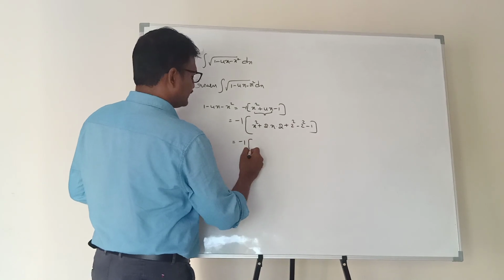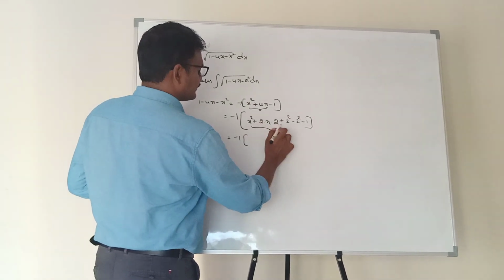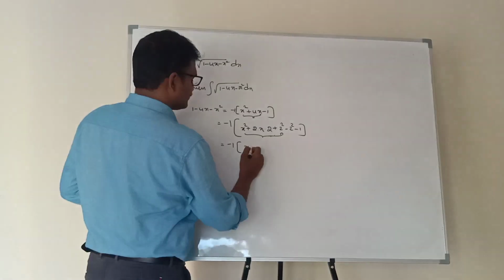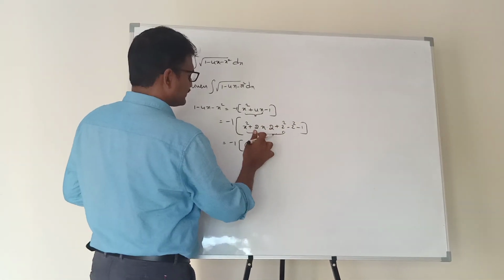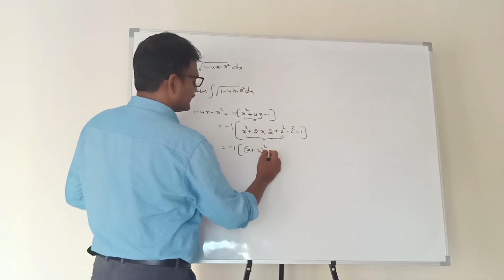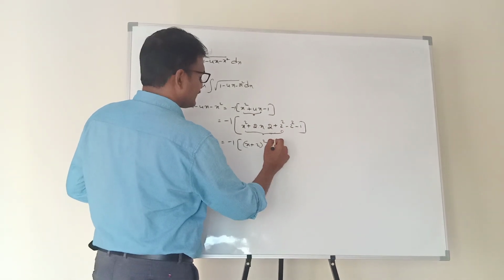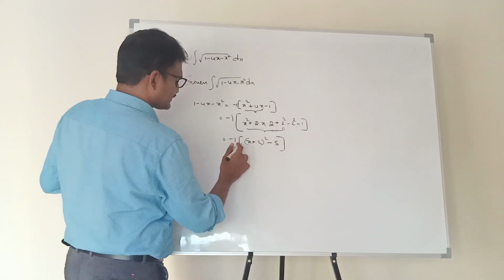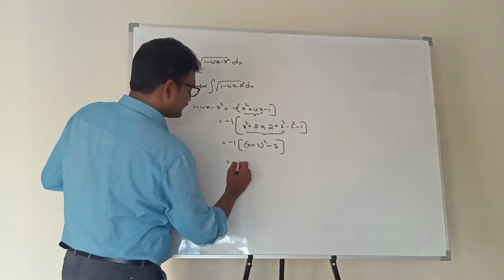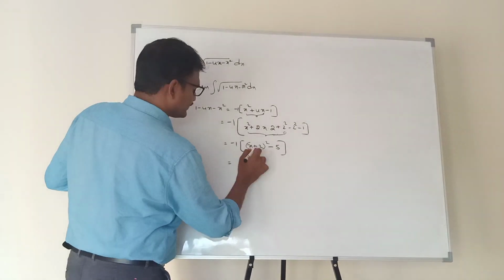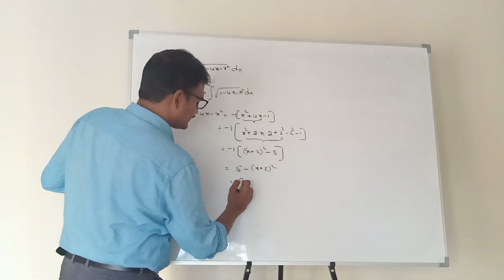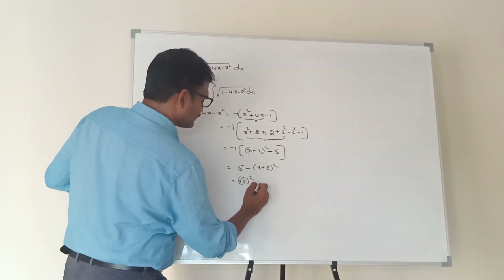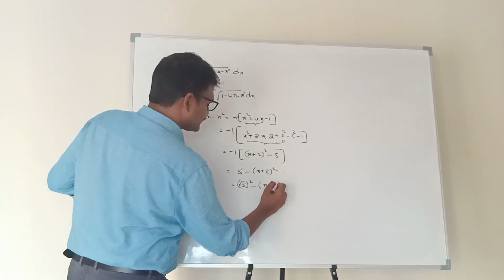So minus 1 into, write these three terms as x plus 2 whole square, minus 4 minus 1, which is minus 5. If you multiply minus 1 inside, minus 1 into minus 5 is plus 5. Minus 1 into x plus 2 whole square minus, x plus 2 whole square. 5 we can write as root 5 whole square minus x plus 2 whole square.